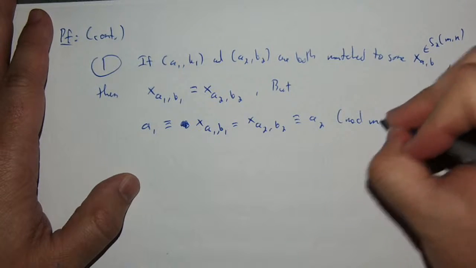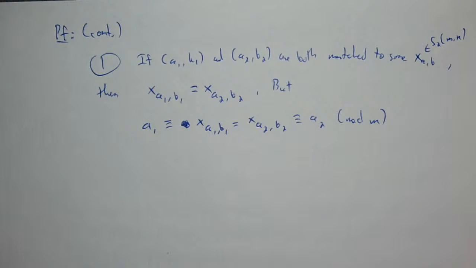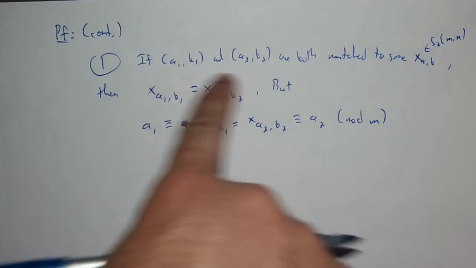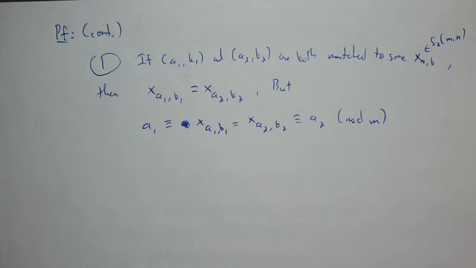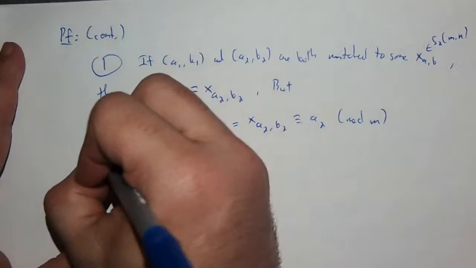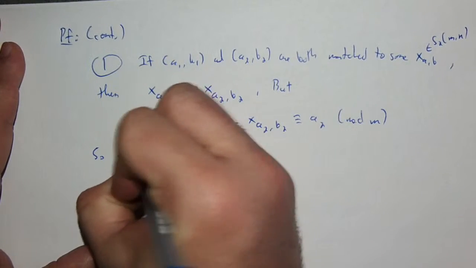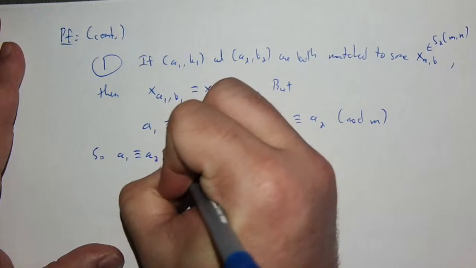I could have a similar congruence mod n, and I'll say that in a second. So we get that the first two in the slots are congruent mod m. So a sub 1 is congruent to a sub 2 mod m.